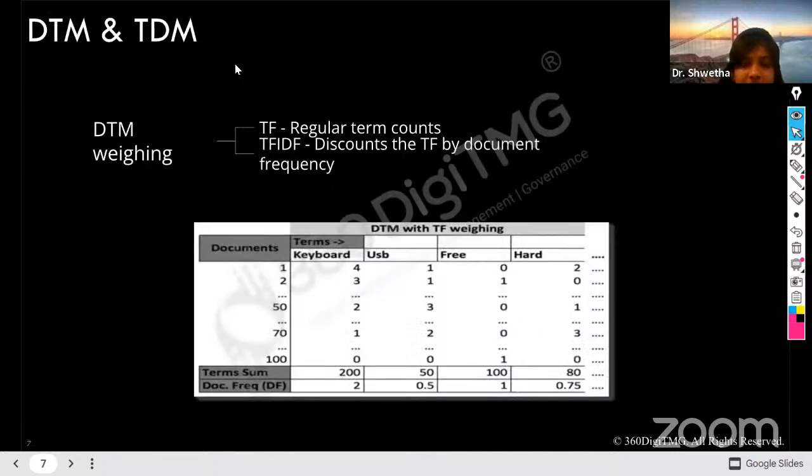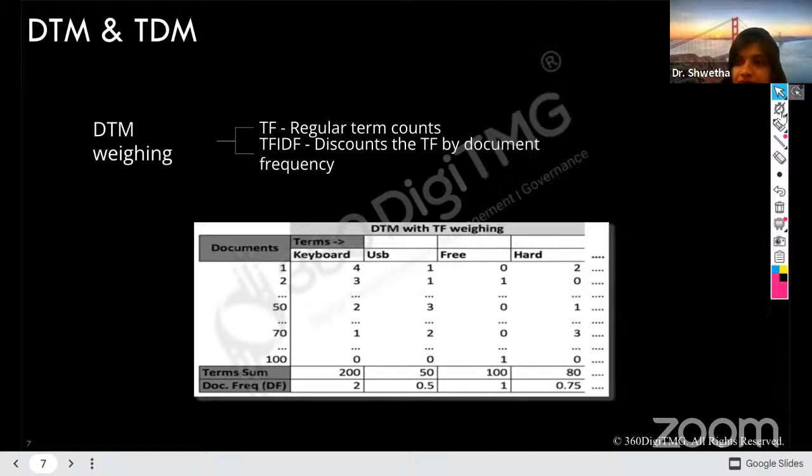Another technique is document term frequency and term document frequency. This is another pre-processing step which can be applied. Say you have Amazon customer reviews for a particular product, and now you're trying to analyze the text in those reviews.